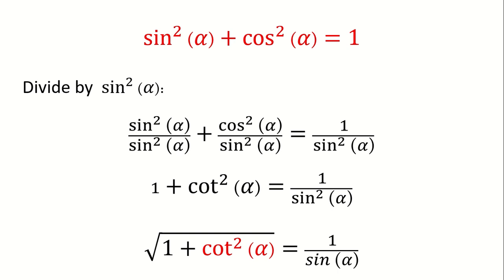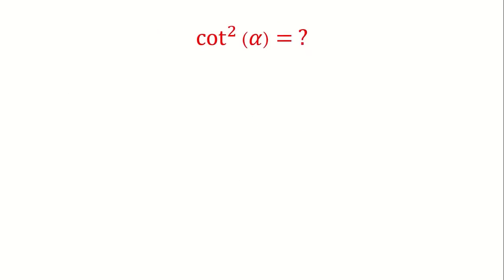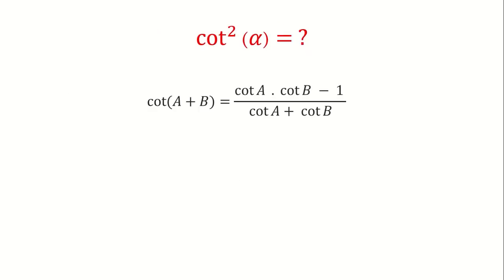The aim is to get the cotangent of alpha, and we need the formula for the cotangent of a summation of two angles. The cotangent of the summation of two angles A and B is equal to cotangent of A dot cotangent of B minus 1, over cotangent of A plus cotangent of B. This is the formula for the cotangent of a summation of two angles.